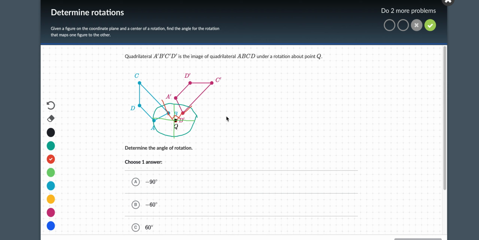So we know it's either going to be negative 90 degrees or positive 90 degrees. Okay, and it's going from there to there, which is clockwise, which means it's going to be negative 90 degrees.